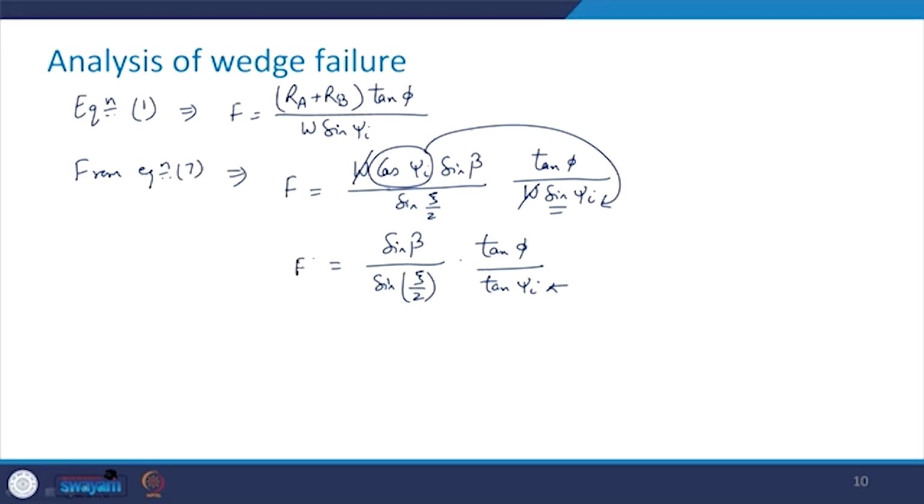So, this is going to be my equation number 8, or I can write that the factor of safety for the wedge failure will be some factor K into F p.